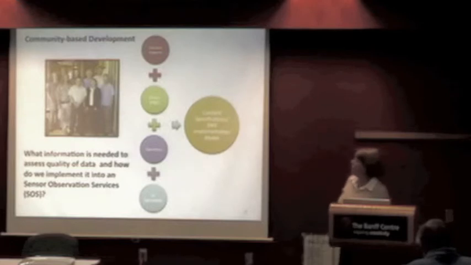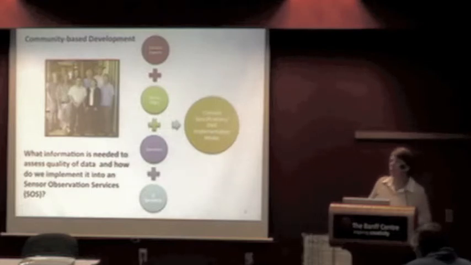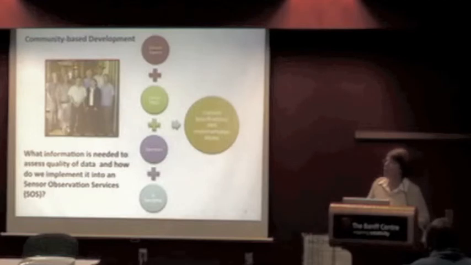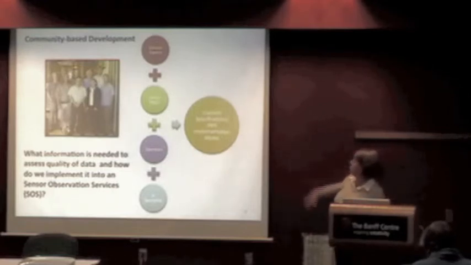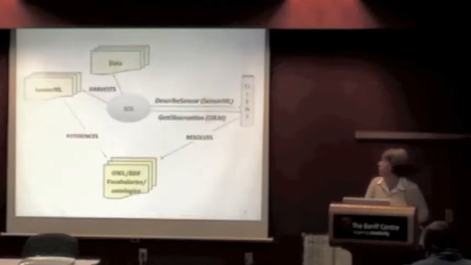He's the author of SensorML, and Carlos Rueda is to the right of me, and he's my co-author, from Monterey Bay Aquarium Research Institute. From these meetings, we came up with the content specifications and the model that I'm going to talk about in 10 minutes.